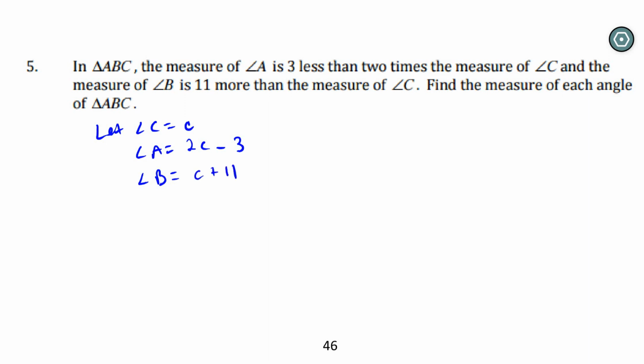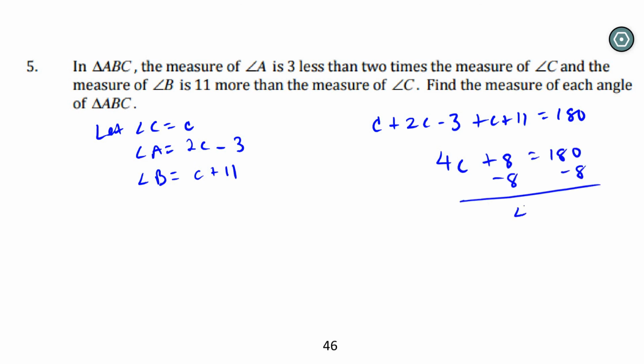Now, just like we did in the lesson, we know that each of these angles together becomes a total of 180. So now I have 4C plus 8 equals 180. Subtract 8, and I have 4C equals 172. Divide 172 by 4, and we get 43, which tells us one of my angles right away. Angle C is 43 degrees.